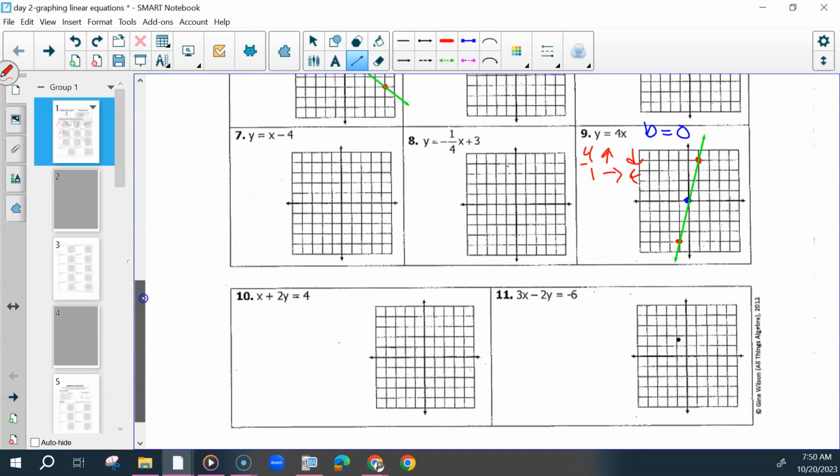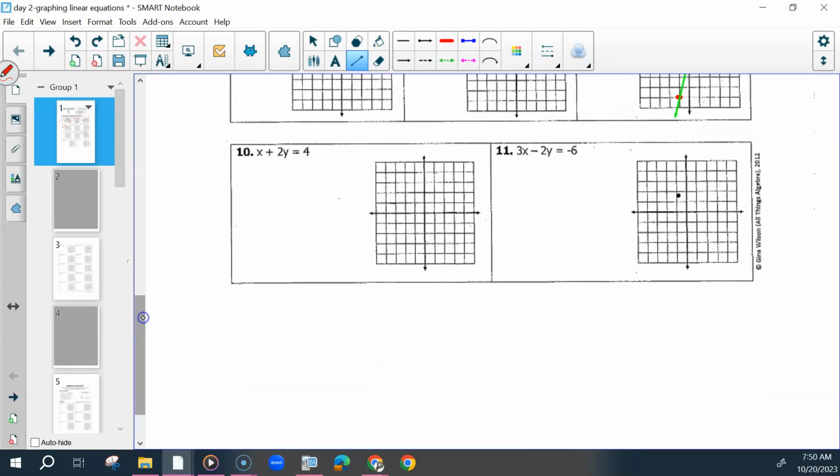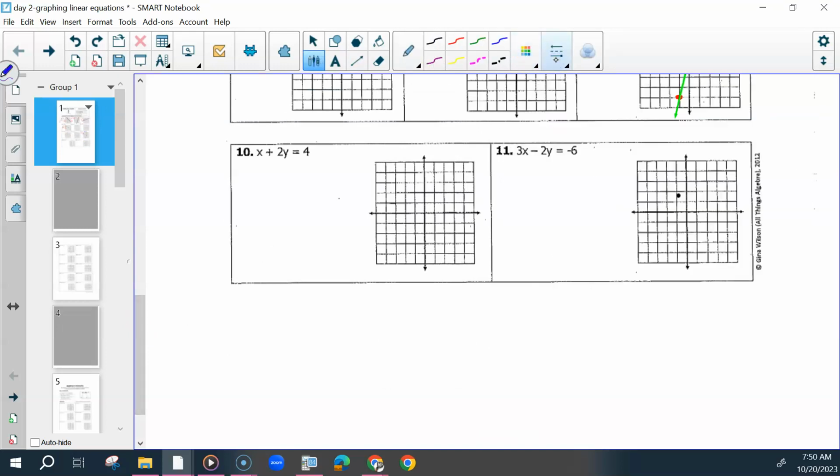Alright, so now we're going to look at number 10. So 10 and 11, some of them won't be in slope-intercept form, so we have to think about what we were doing the other day when we were converting. How would we get this back into y equals mx plus b?